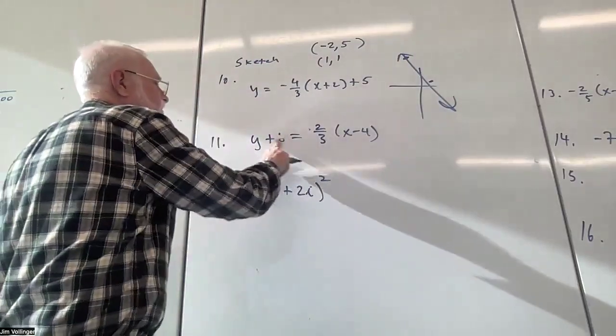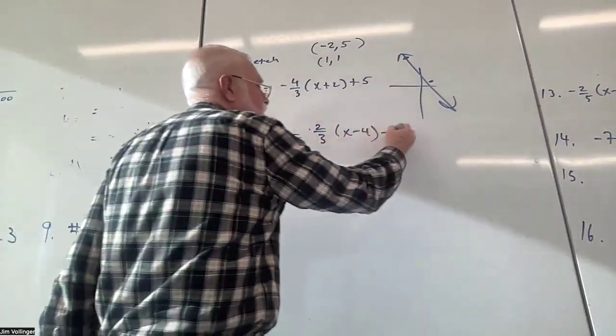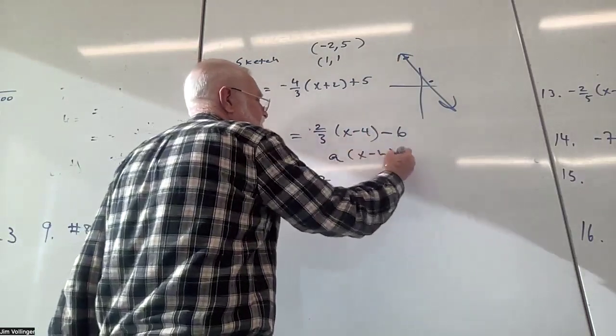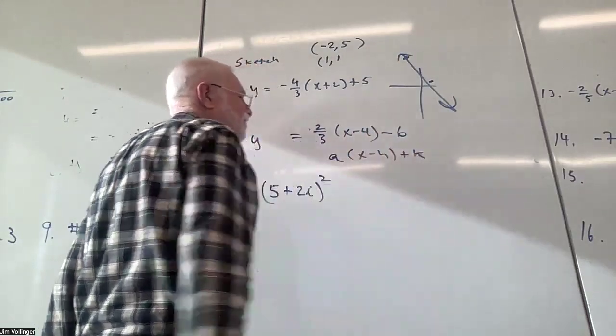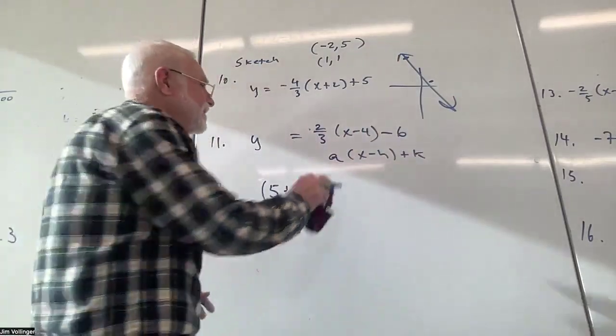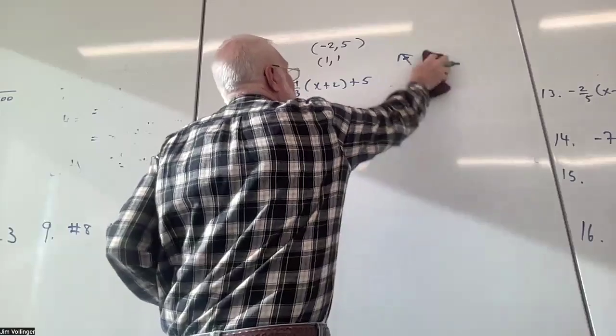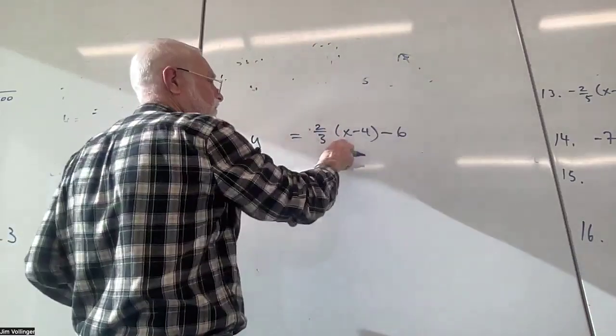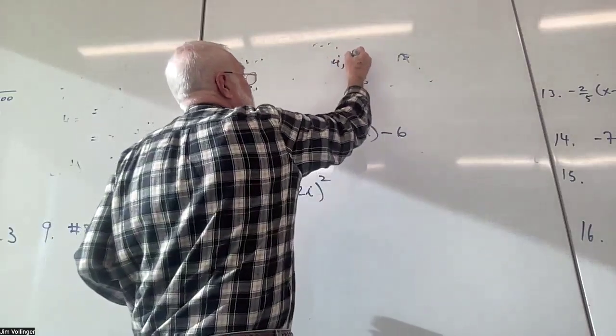I'm going to move the positive 6 to the other side because that's the graphing form I like. I like the a(x minus h) plus k graphing form, because we're going to be working with h, k in the quadratic and the cubic. All right, so can I see a couple of values here? I can quickly see 4 gets me negative 6.